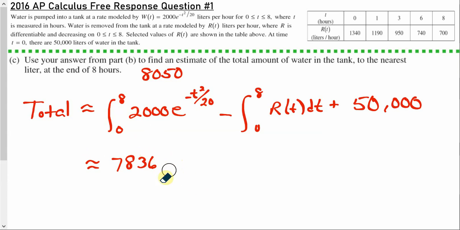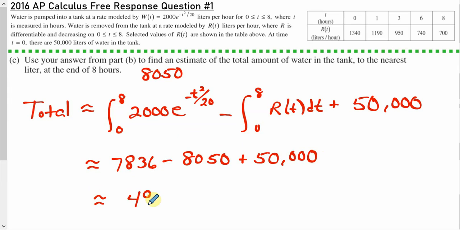Minus, well, we already figured that one, that was my 8,050. Plus 50,000 to start. Putting all that together, we get 49,786 liters.